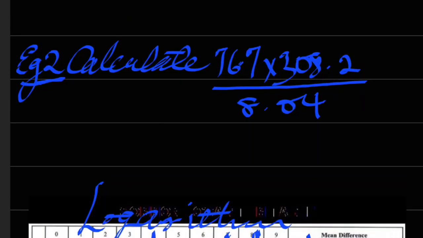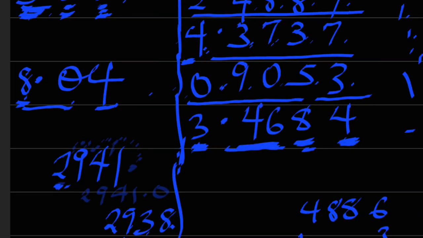3 means you are going to move the decimal point 3 times. You place an assumption that the decimal is after the first significant figure, then you move it 3 times. 1, 2, 3.